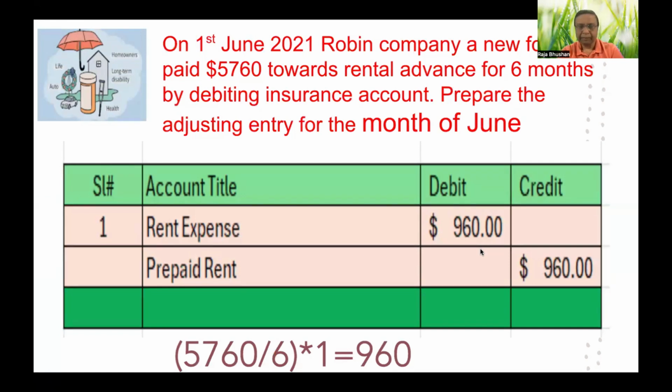Since rent is an expense, we have spent it, we debit rental expense and credit prepaid rent. We don't credit cash because we are not paying cash now. Cash has already been paid, for 6 months of rental, we have paid cash. So debit rent expense, credit prepaid rent for 960. How did we get this 960? We divided the 5,760 advance by 6 months and multiplied by 1 month, that is for June we have incurred. So that is an adjusting entry.